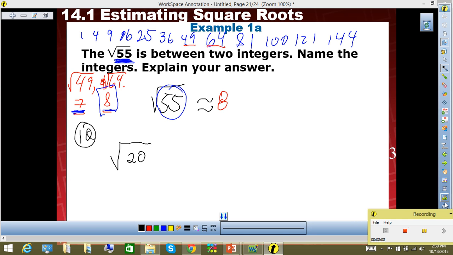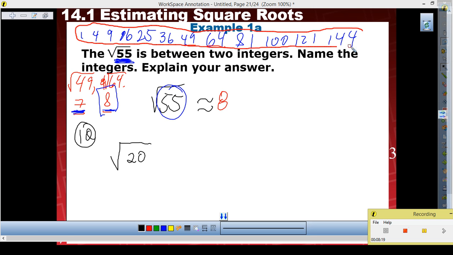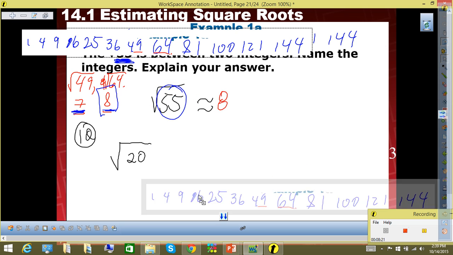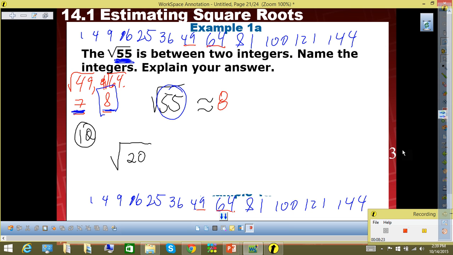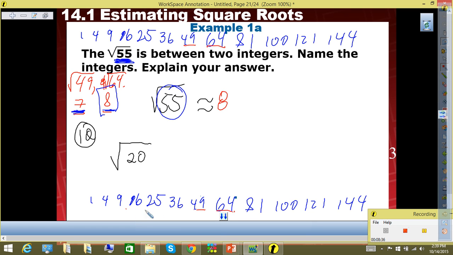Okay, let's see. Between what two integers or perfect square numbers is 20? 16 and 25.